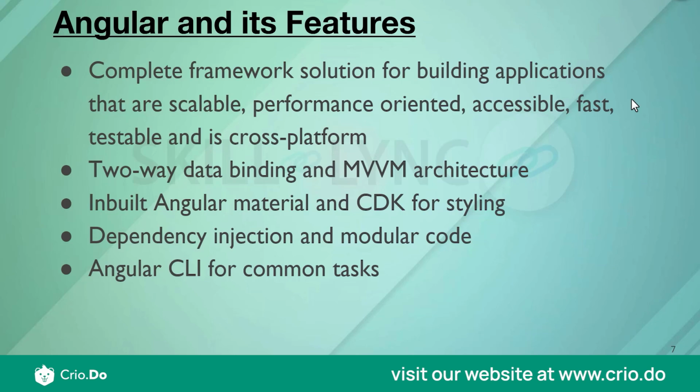Initially you are going to build one website which is going to have one department or one page. And over time you're going to keep on adding multiple pages or departments or sections to your website, which will keep on adding to the size of the application. But even if you keep on adding to the size of the application, there should not be any impact to the performance of the application. That is called scalable.